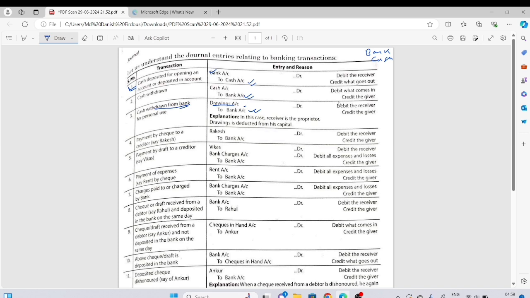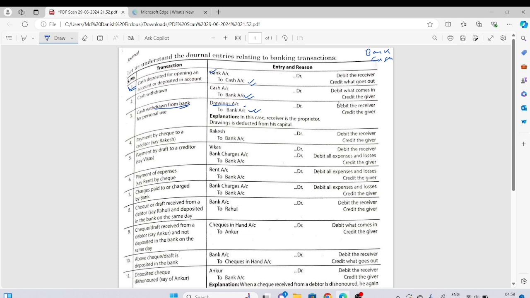Now come to the fourth transaction. Payment by check to a creditor. Suppose you make a payment to your creditor through check. In this situation, what entry will you pass? Because your creditor will collect money from your bank account, not your cash.